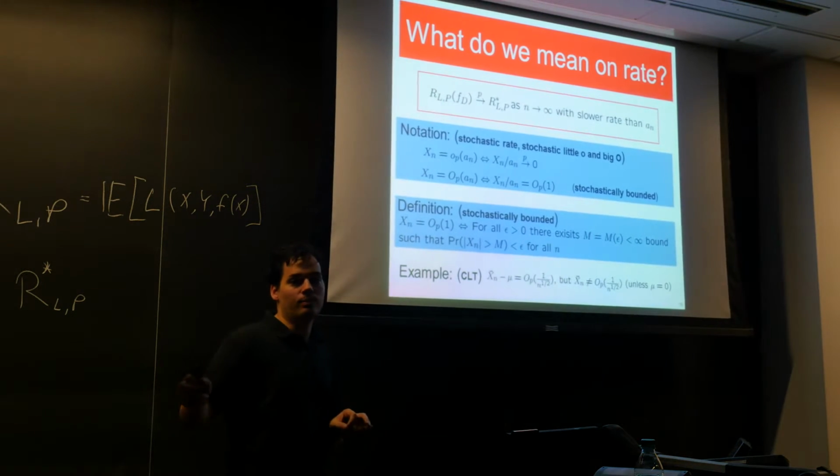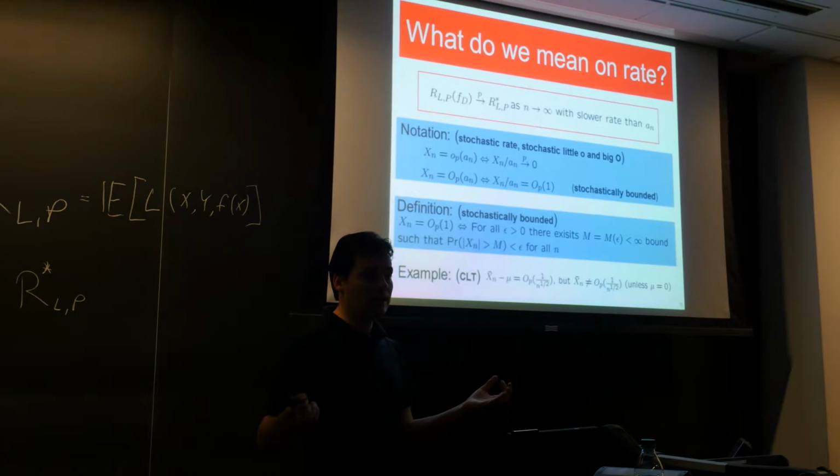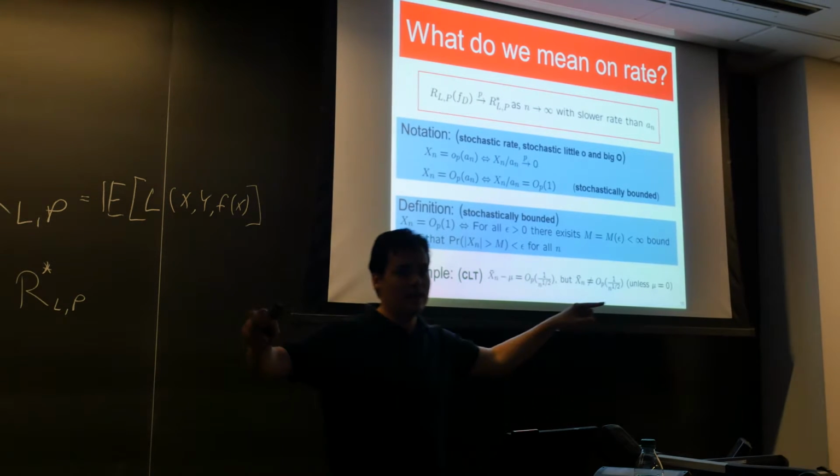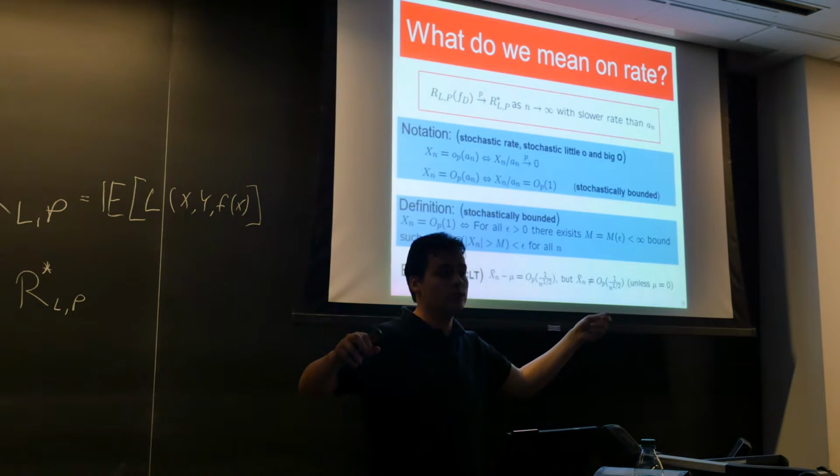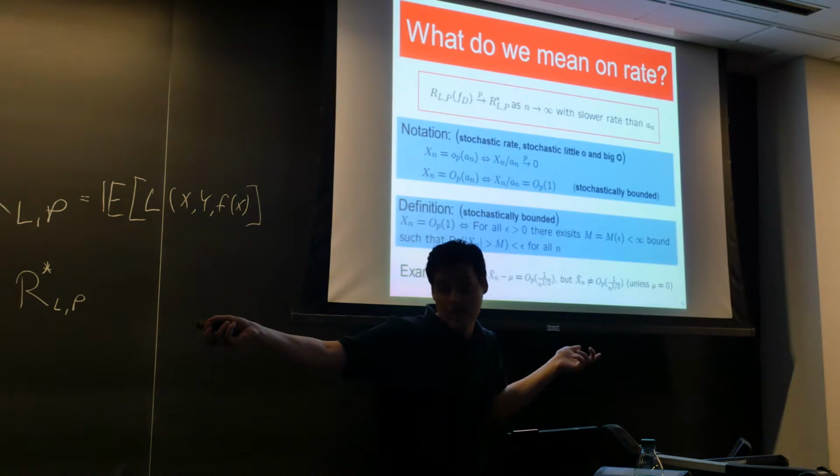For example, a Gaussian distribution is stochastically bounded. So it's not bounded, right? Because the Gaussian distribution can have any big value.